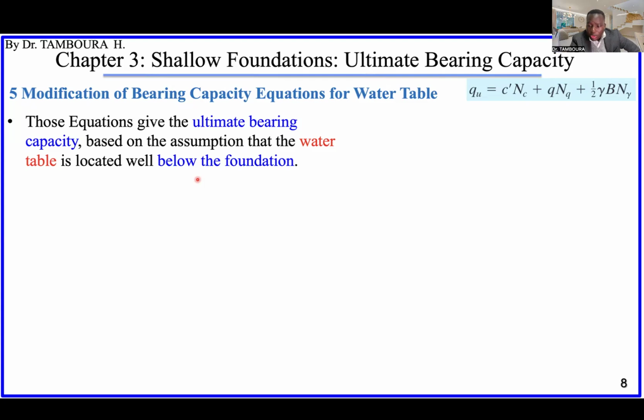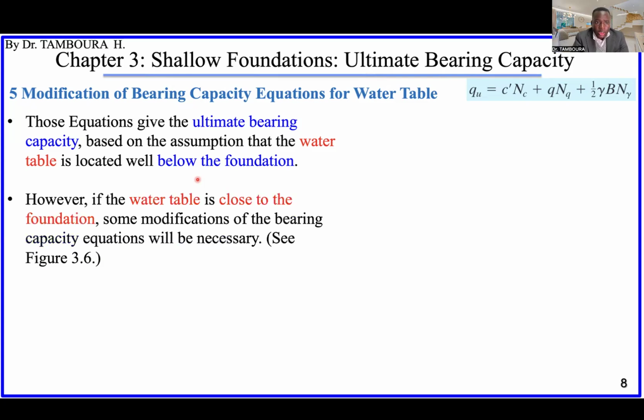What about when we have the water table near the footing, near the foundation? If the water table is close to the foundation, some modification of the bearing capacity equation will be necessary. We have to modify the 6 formulas we showed.